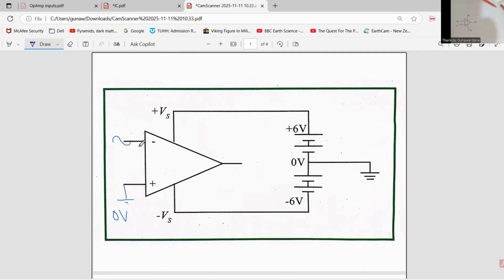Obviously this signal is going to be amplified, but the output is inverted. This is input, this is output. The output signal is inverted and also amplified. Therefore, this terminal is known as the inverting input.